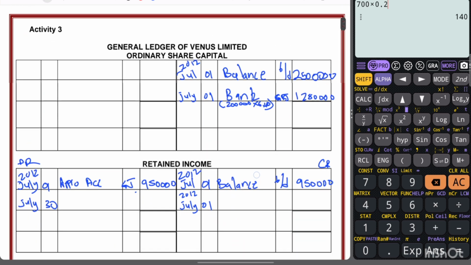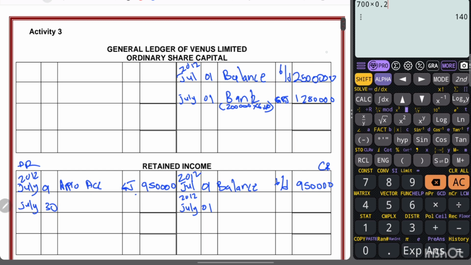Let's go to our ordinary share. Remember that ordinary share increases on the credit side and decreases on the debit side, because we are buying back. It means money will go out of the bank account. Then CPJ. And then here you can write your calculation in brackets.